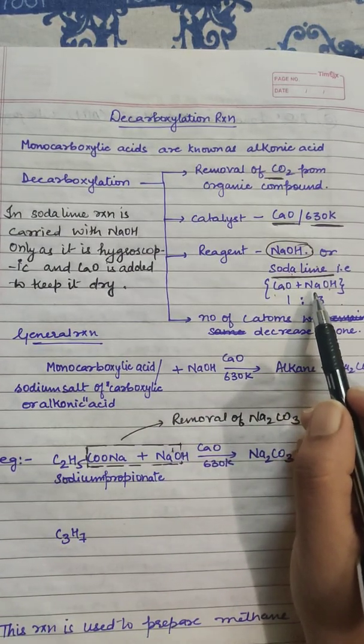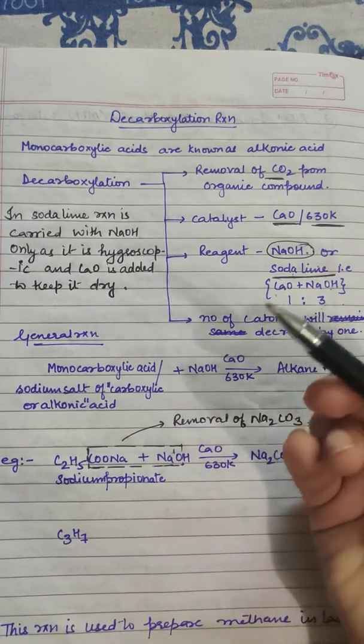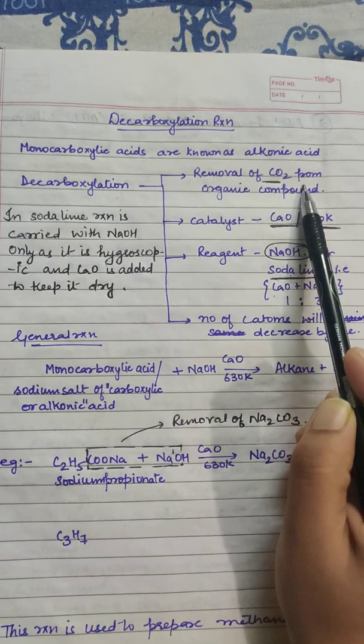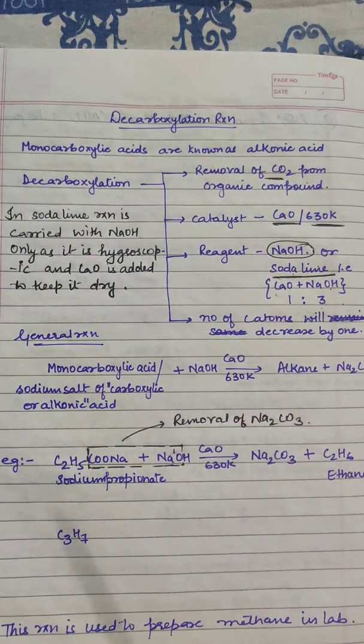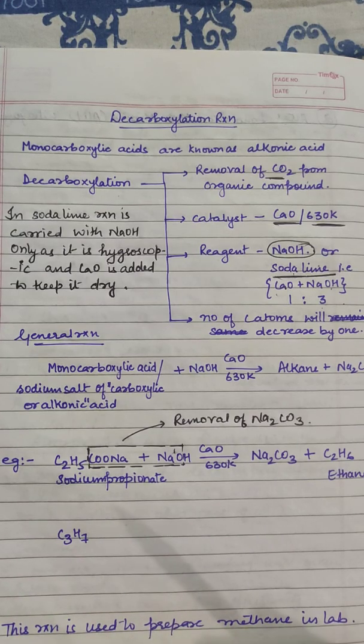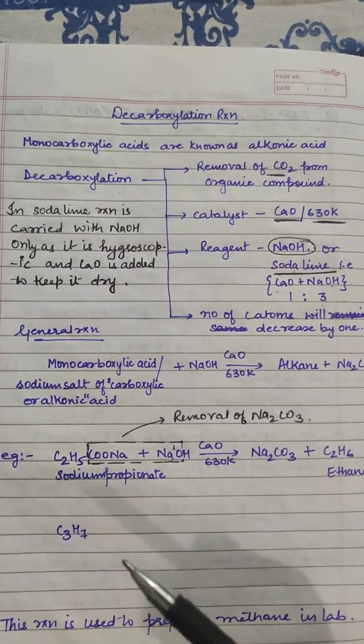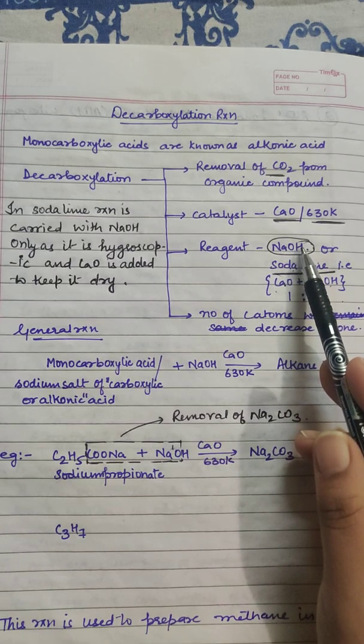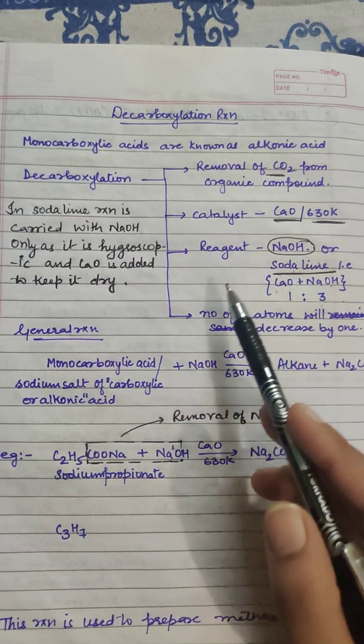So the important thing here is to learn what we exactly mean by decarboxylation. It is the removal of carbon dioxide from the given organic compound. The catalyst used is CaO, calcium oxide, and the reagent is soda lime, or you can keep it in mind as NaOH.